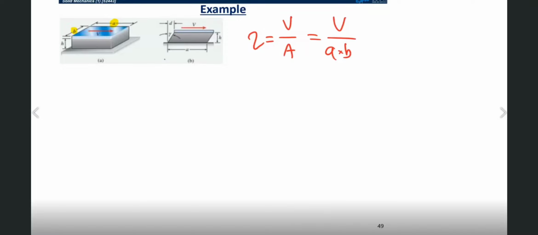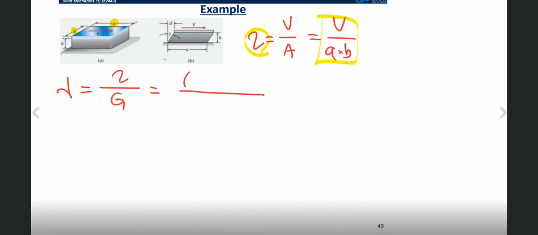So this should be the final form of tau we can use to develop the strain component and the displacement D, right? And what about gamma? The shear strain gamma can be defined as tau over G, and we just defined tau as V over AB, right?